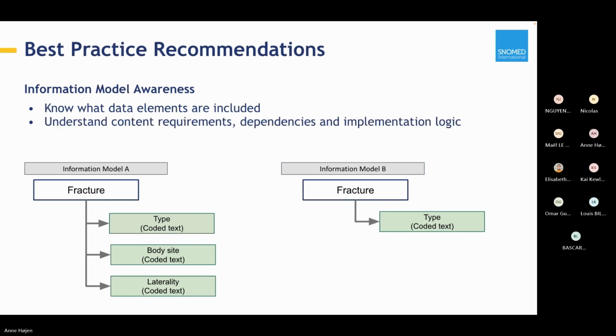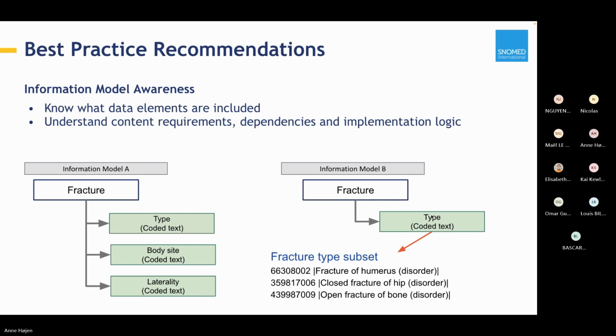So this really helps you to understand what are the types of content that we need. Over here, we need to bind the types to a certain value set. We need to bind the body side to a value set and the laterality. And over here, we need to find a good value set representing the fractures we want to record.